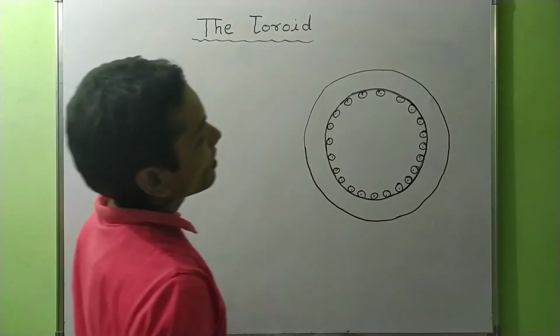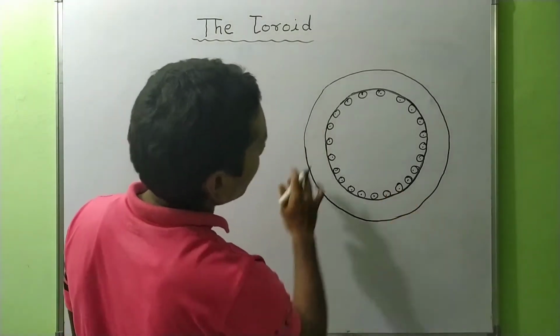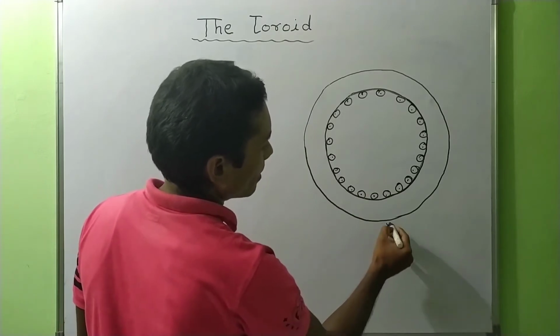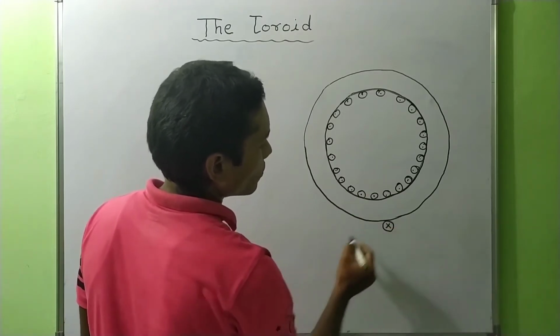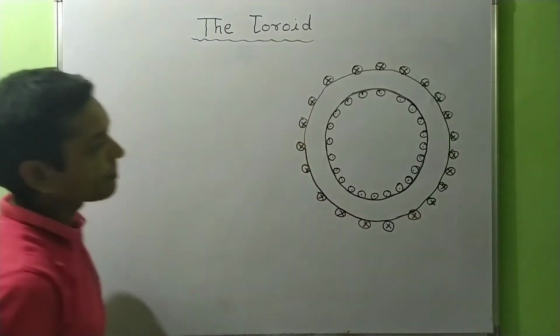And the direction of current in the outer edge of this toroid is inward, and inward direction is shown by the cross sign like that.